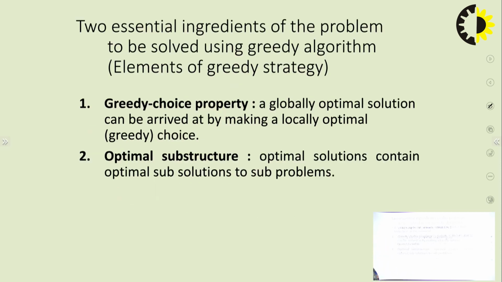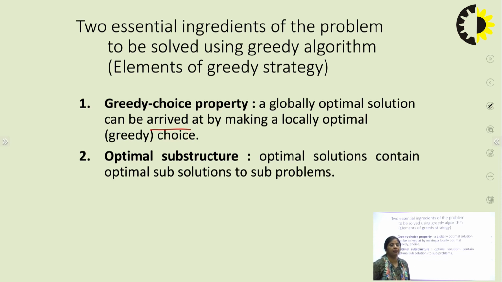Before that, let us explore the greedy approach. When you need to go for the greedy approach, what are the elements of this greedy strategy? The first one is the greedy choice property: a globally optimal solution can be arrived at by making a locally optimal choice. So the problem to be solved using a greedy algorithm will have this type of scenario, that the optimal solution will have locally optimal parts.